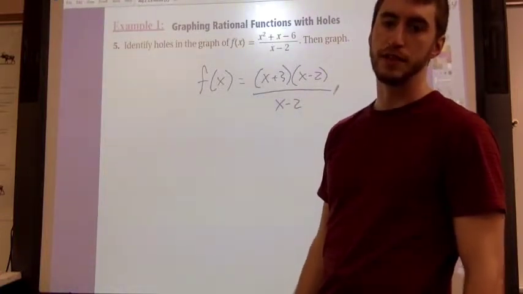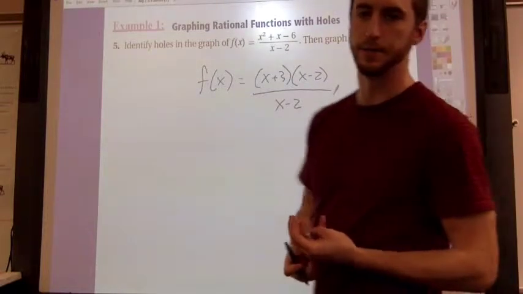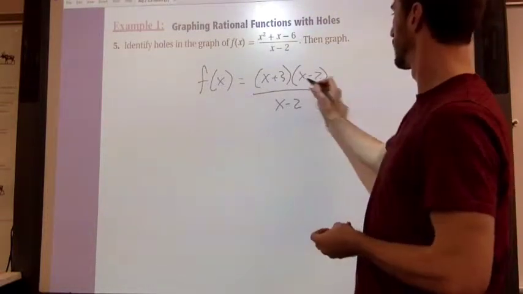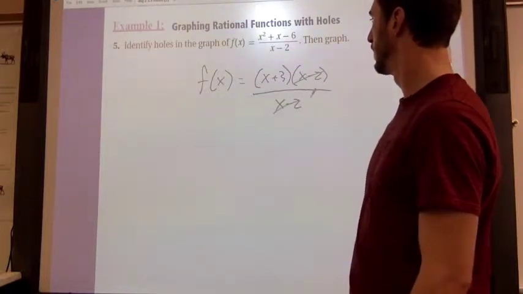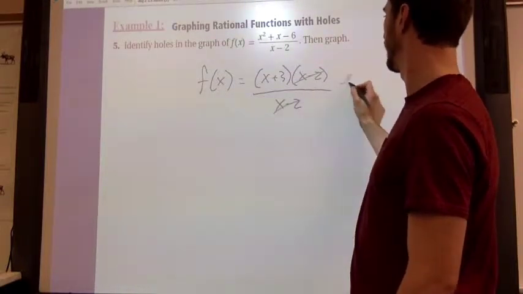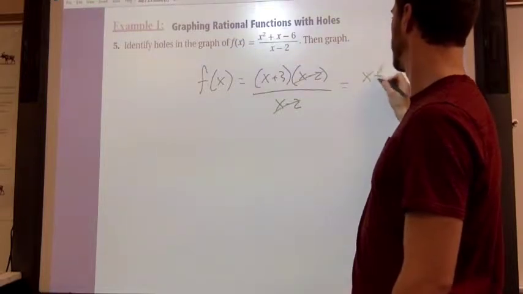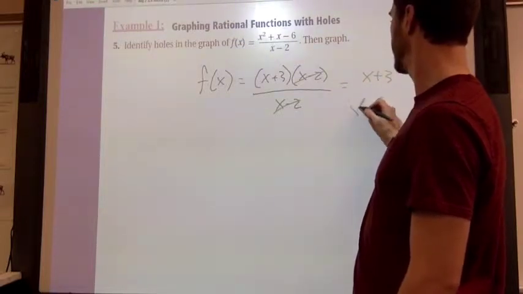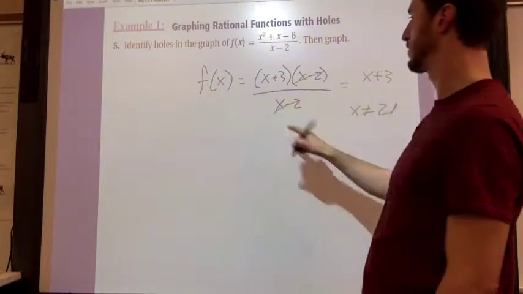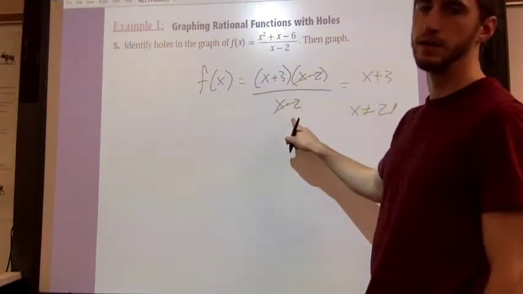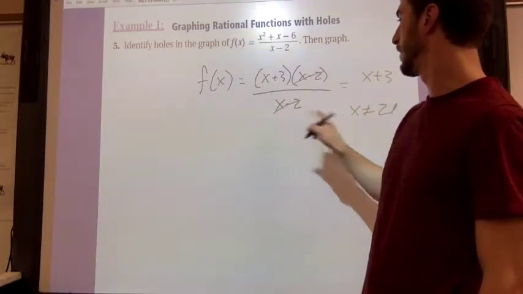So which two cancel out, and where do you think the hole is going to be? x minus 2 cancels out, and so we've got a graph of x plus 3, and x cannot equal 2. Because we set our denominator equal to 0 and we solve for x, so x cannot equal 2.